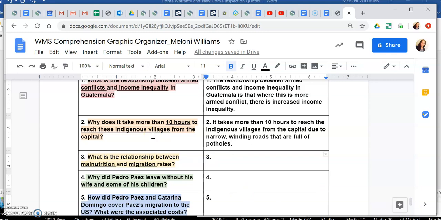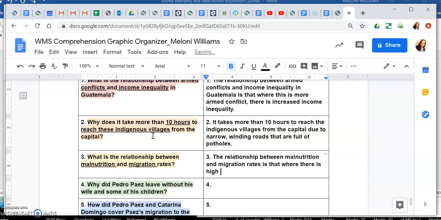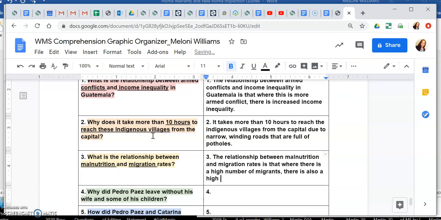I'm going to type my answer in a complete sentence. The relationship between malnutrition and migration rates is that where there is a high number of migrants, and migrants are people who move from one place to another frequently for work or different reasons, there is also a high number of malnutrition.